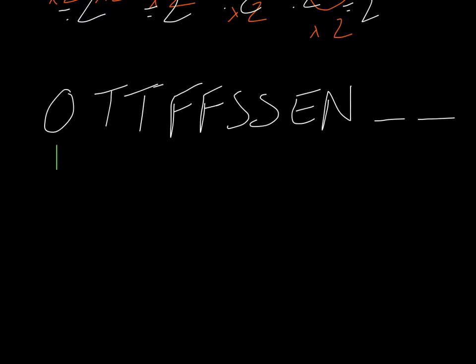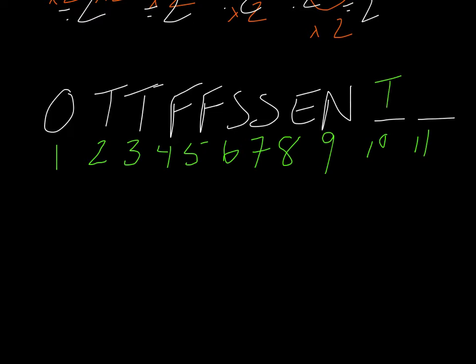O stands for 1, T for 2, T for 3, F for 4, F for 5, S for 6, another S for 7, an E for 8, an N for 9. That means this one's going to be 10, and the last one will be 11. 10 would be T, and 11 would be E. In that one, all we're doing is using the first letter of the next term.